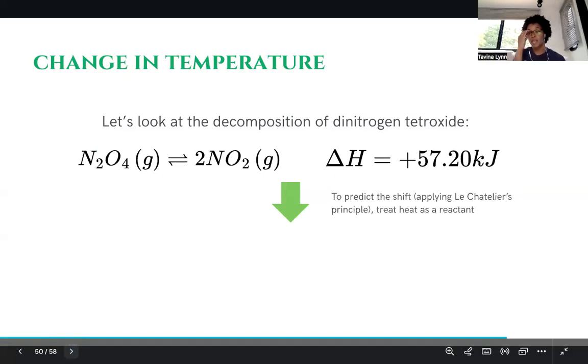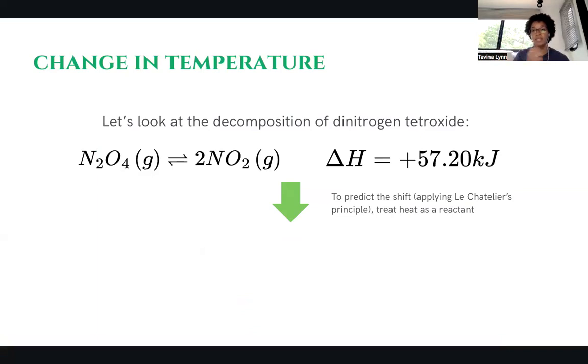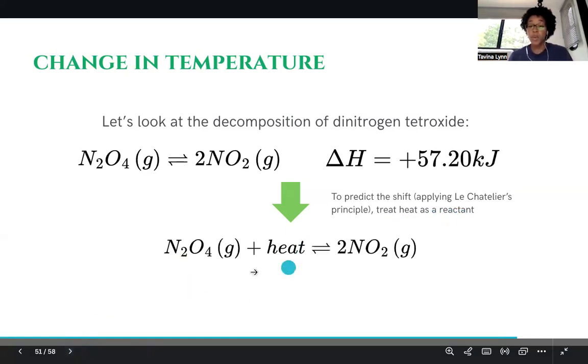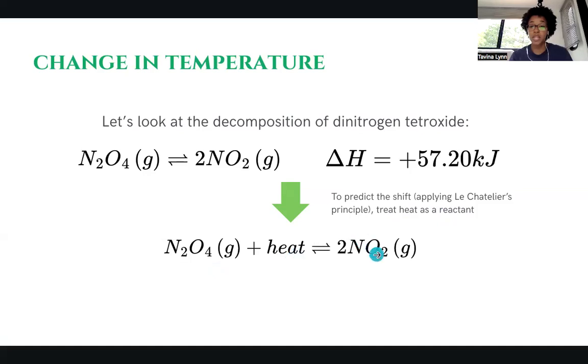Because delta H is positive, it's endothermic, so that means the system is absorbing heat to progress from reactant to products. So we treat heat as a reactant, and we could rewrite it like this, where we have dinitrogen tetraoxide plus heat yields nitrogen dioxide.